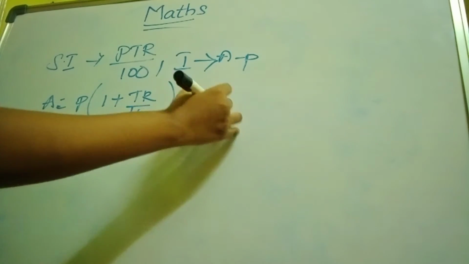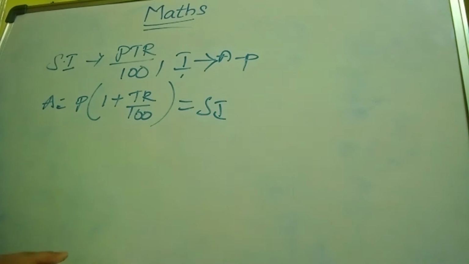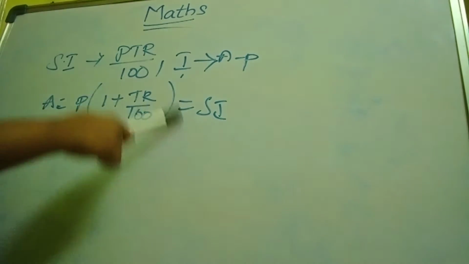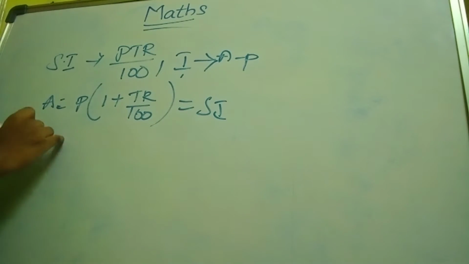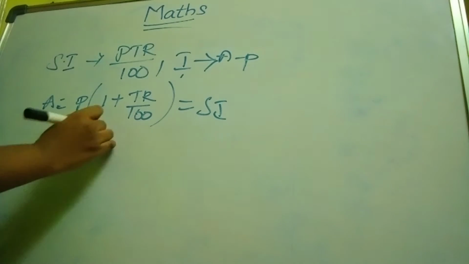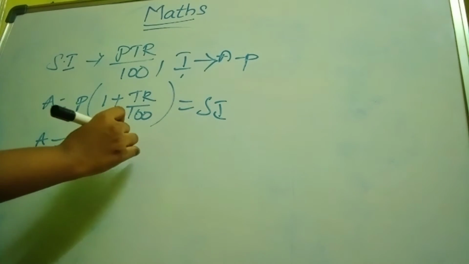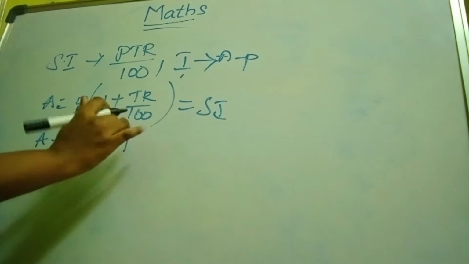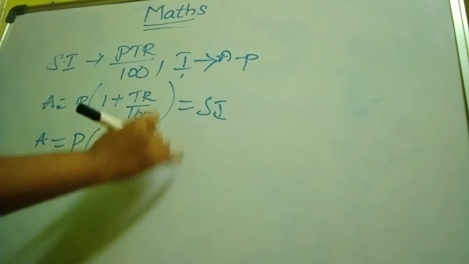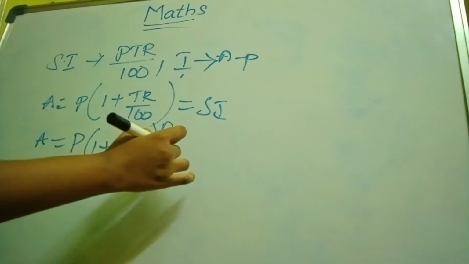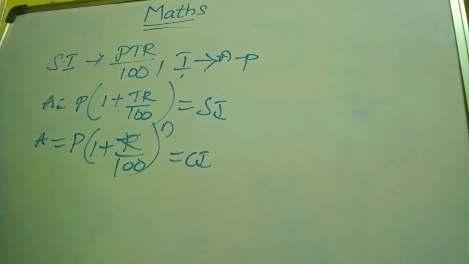If we have to find simple interest, we can use this formula also. Next, amount is equal to P into 1 plus R by 100 whole power n, for compound interest.